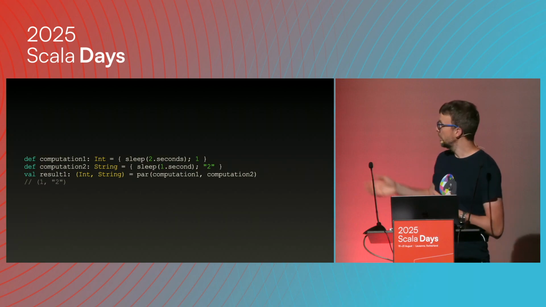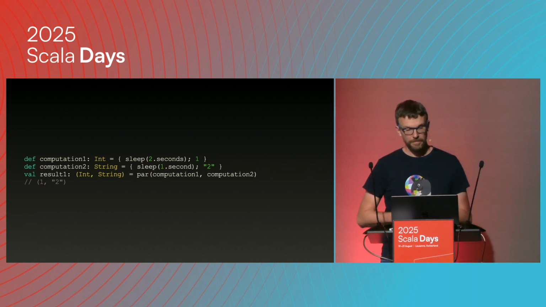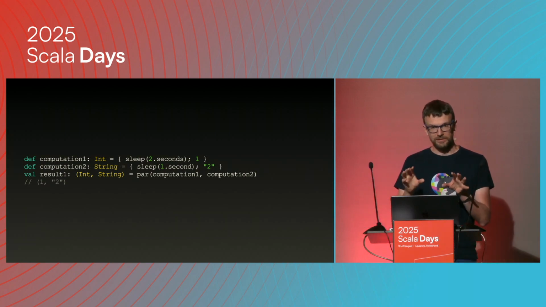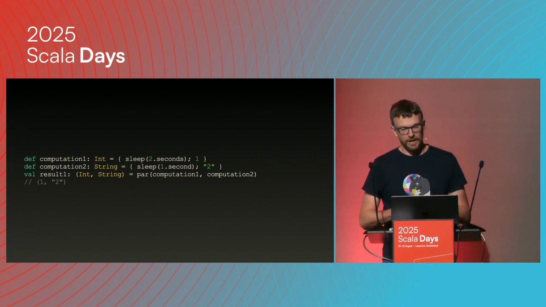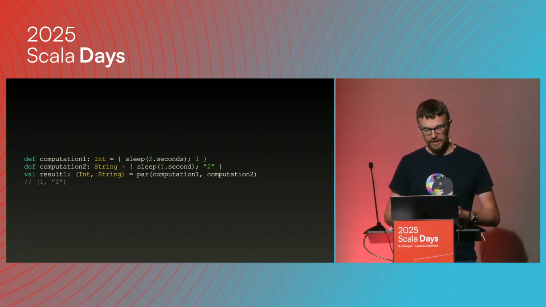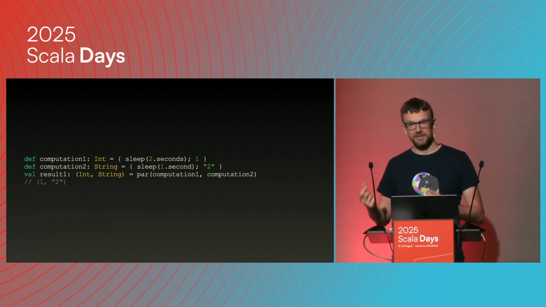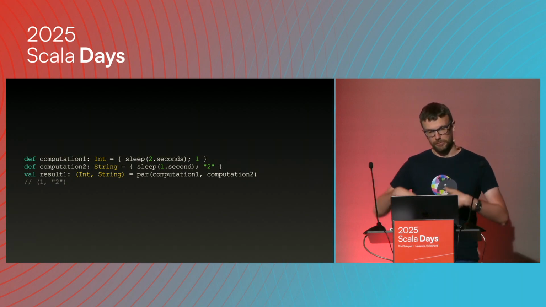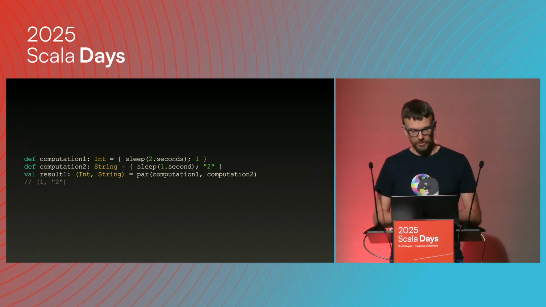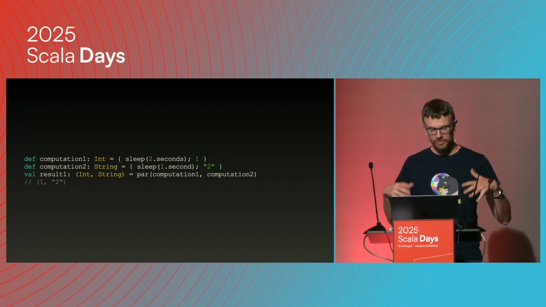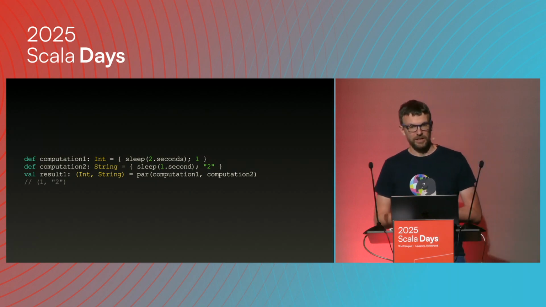For that, we have the par method, which comes from Ox. This method will run these two functions in parallel. It will also take care of all the error handling. So if any of these functions throws an exception, the other computation will be interrupted, and only when it's done, we will rethrow the exception or return the results, right? So there's no way to leak threads.